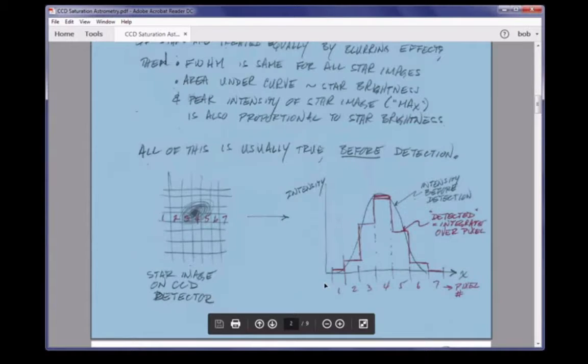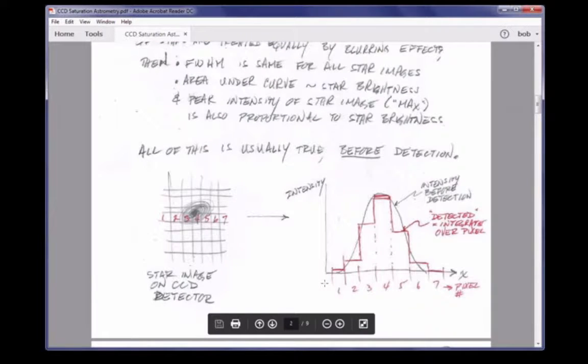So instead of a smooth curve, once you've detected the photons, you get this stair-step kind of effect. It's quantized and it's sampled. So that's what actually goes into your image.